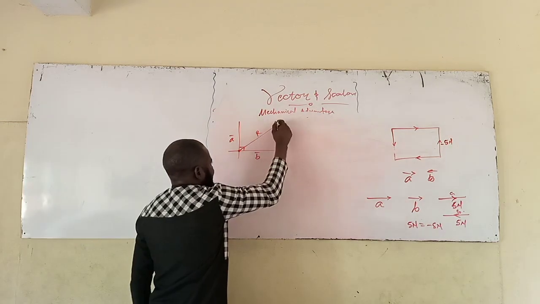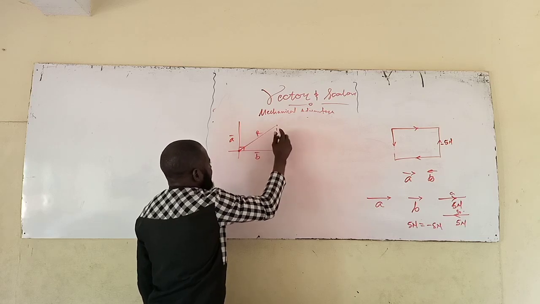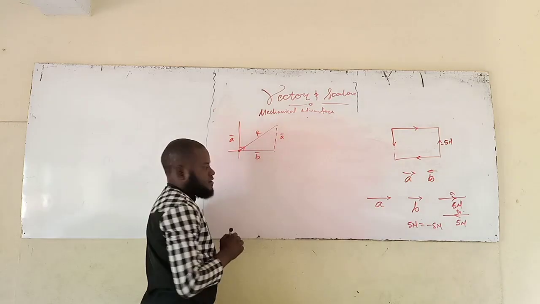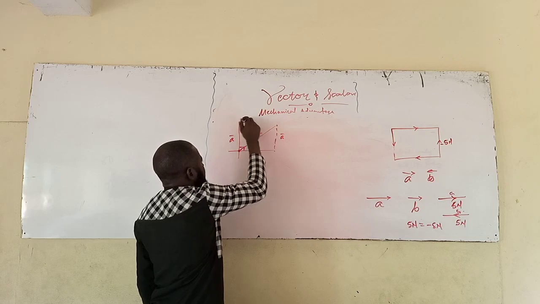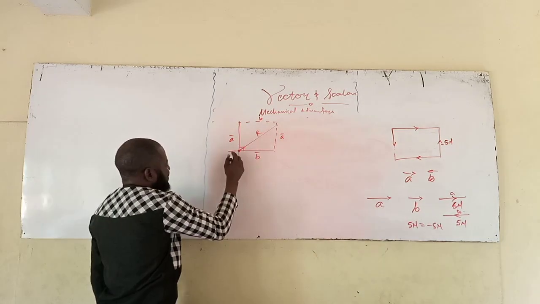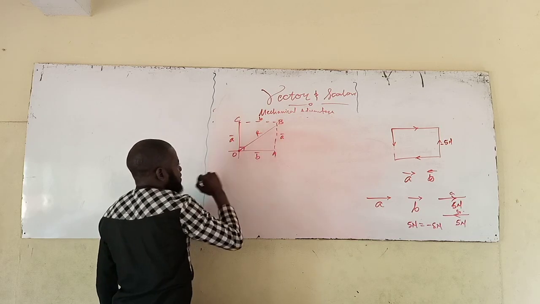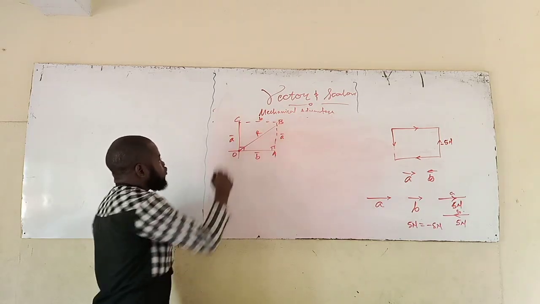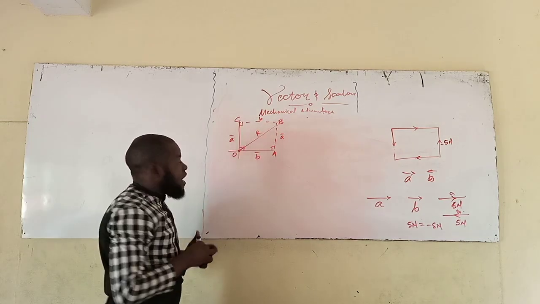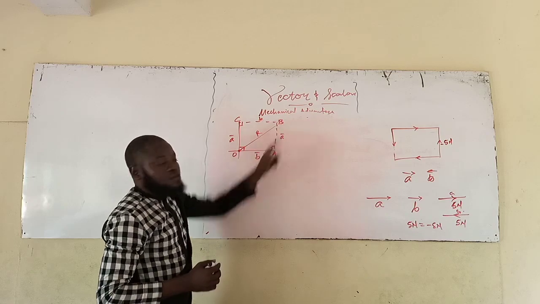If that should be the case, we take this down. This is R. This place is also going to be A, whereby here is B. This place will also be B. So if you look at this now, if I call this A, O, A, B, and C, I'm having two right angle triangles here: right angle triangle OCB and right angle triangle OAB.